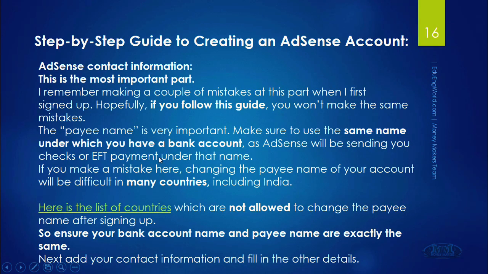But now if you add the HTTP, AdSense is removing it automatically and they are getting only the www website. Now talking about the AdSense contact information, this is the most important part in the account creation process. I remember making a couple of mistakes at this part when I first signed up. Hopefully if you follow this guide you won't make the same mistakes.